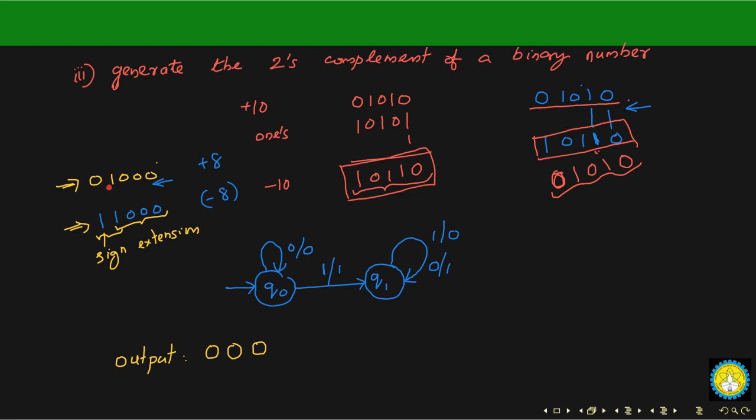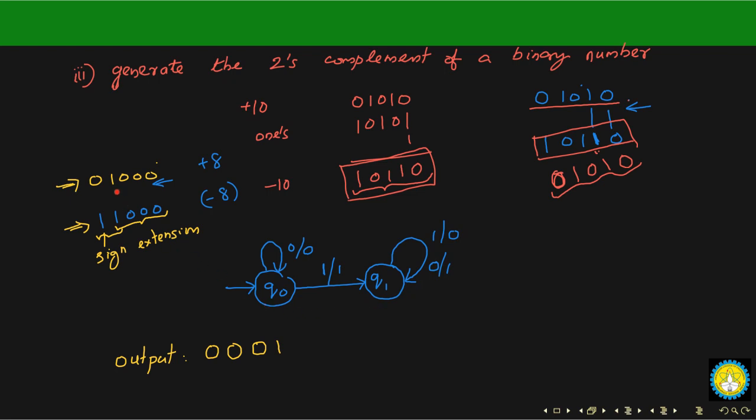Next you have a 1. Very importantly, next you have a 1. So you'll shift from Q0 to Q1. Again, note that the output here is 1. So in the output, you'll be getting a 1. Now, since you are at Q1, whenever you see a 1, the output is going to be 0, and whenever you see a 0, the output is going to be 1.